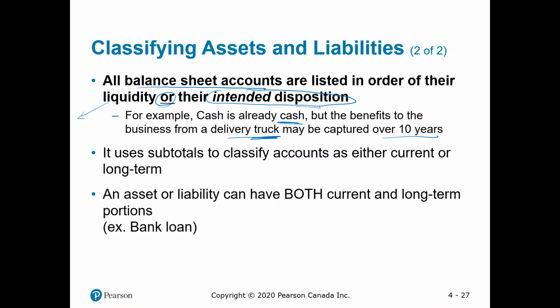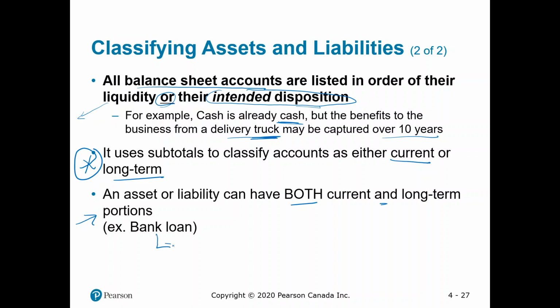Okay, so we would list these in order of liquidity, but specifically, we break them out into current and long-term items. And then we have subtotals of each of those. And as we'll see in a minute, an asset or a liability could have both a current and a long-term portion.